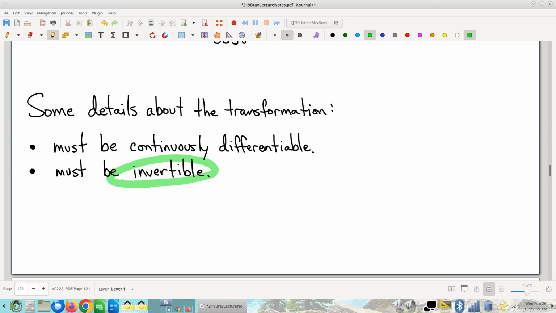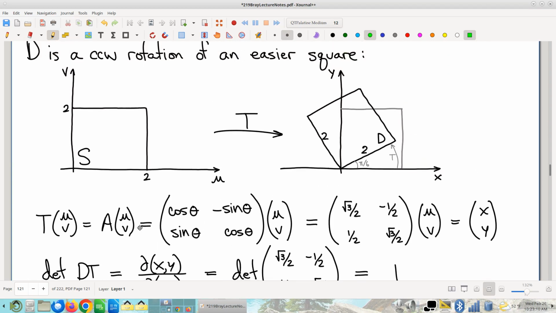But again, we don't have that time, so I'm just going to have to leave that as it is. But anyway, whatever you do, make sure you can undo. And of course, in this example, our change of variables function was a rotation. Is that invertible? Well, yes, because you can just rotate back. So clearly invertible.